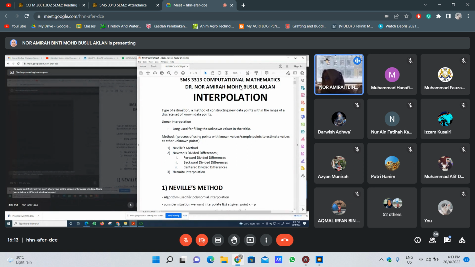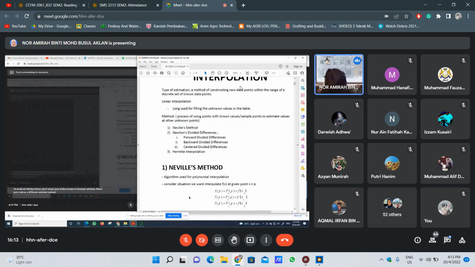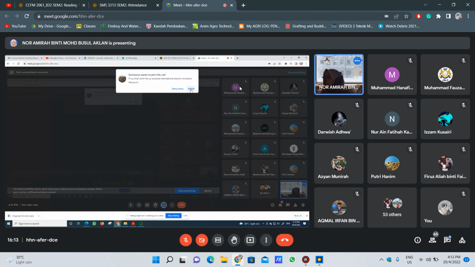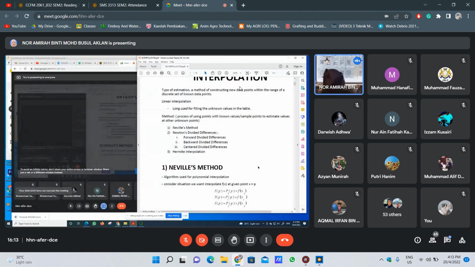Okay, so first method is Neville's method. An algorithm used for polynomial interpolation. Consider the situation we want to interpolate f(x) at a given point x equals to p. Ini ada yang baru nak masuk. Okay, so maksudnya you are given satu function f(x), at given point x equals to p.